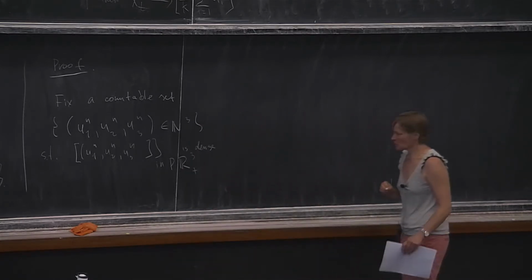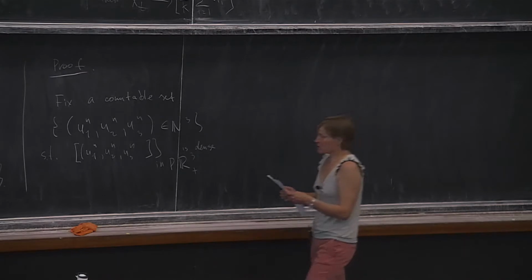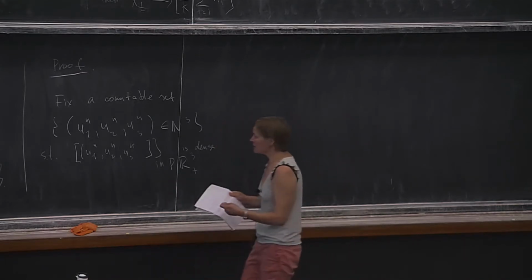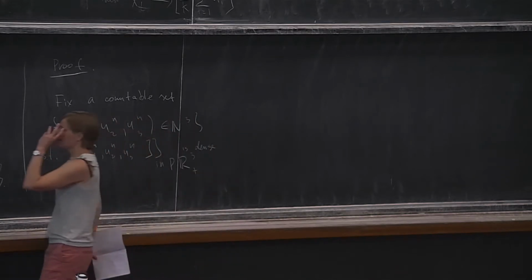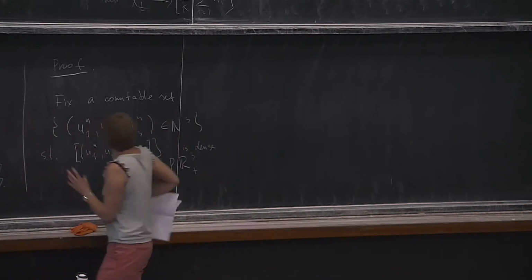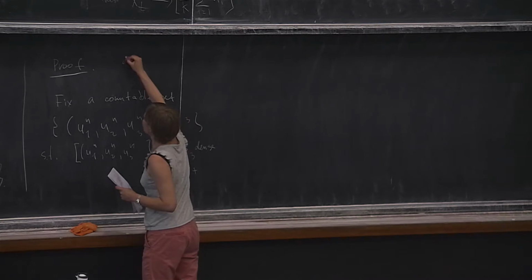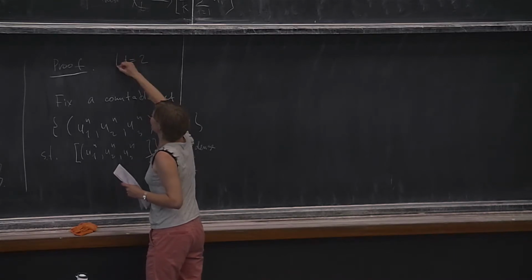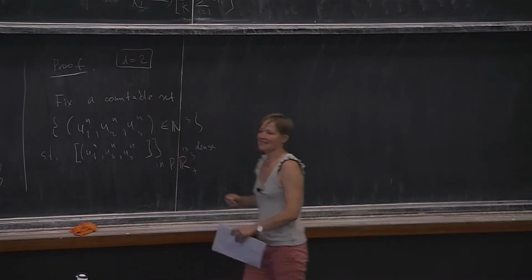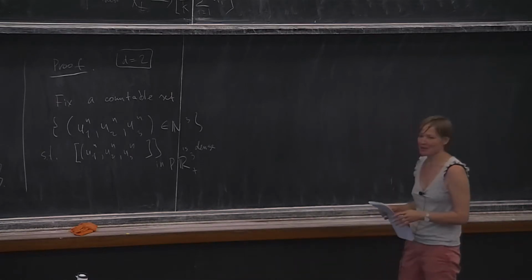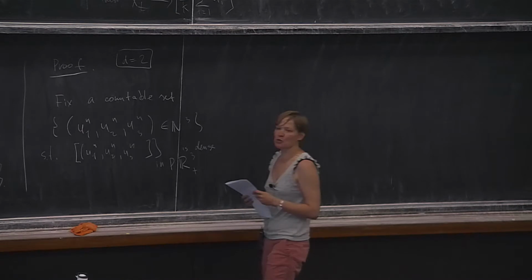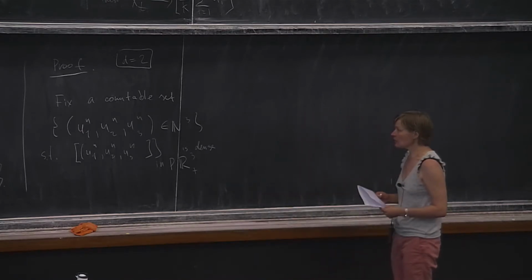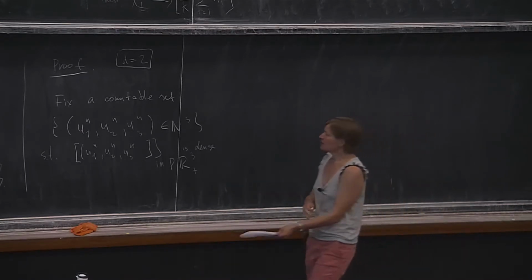Something like that. And I take D to be 2 because it's much easier to write. So D is 2 from now on, and the proof is not very different for D bigger than 2.